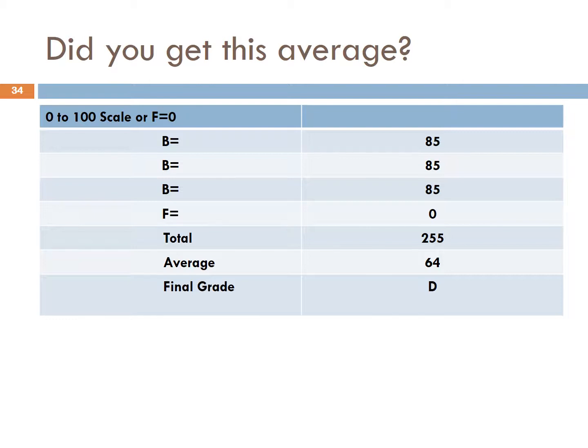The total points are 255 divided by 4 grades gives an average of 64. Final grade D. Using the 0 to 100 point scale, the lowest possible value for F is 0 to 59 is a 0. That's why 0 was given for F. For work not turned in, the student should receive the lowest possible F for that F scale range.